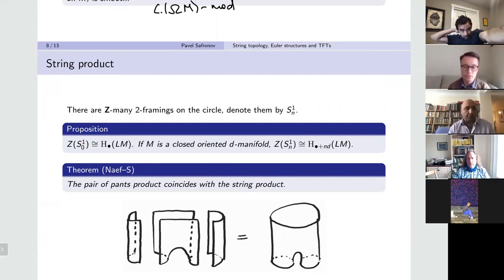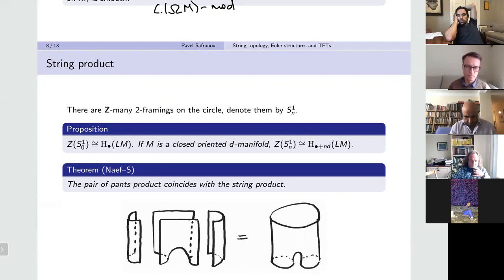Here I'm talking about framings as a trivialization of the tangent bundle plus a trivial line bundle. And there's a Z worth of framings, so I'll denote them by S^1_n for some n. Let's maybe assume that M is actually oriented. All of them are just given by homology of the free loop space, possibly up to some shifts.